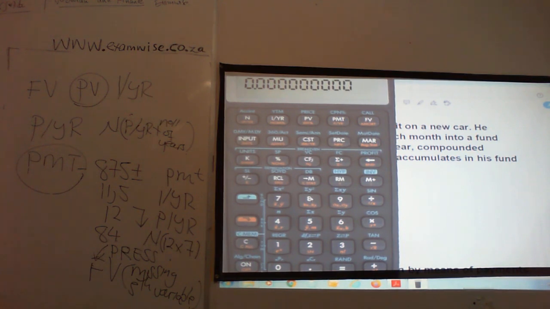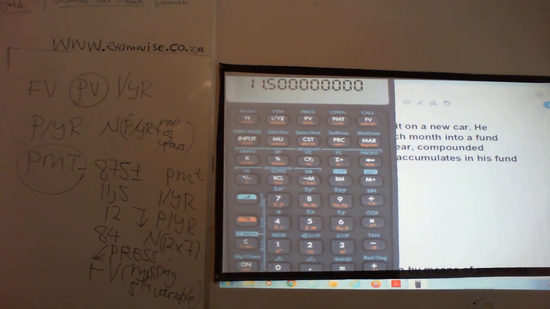Then 875, and since it is negative, we press plus or minus, then we press PMT. Then 11.5, and we press 1 over YR.